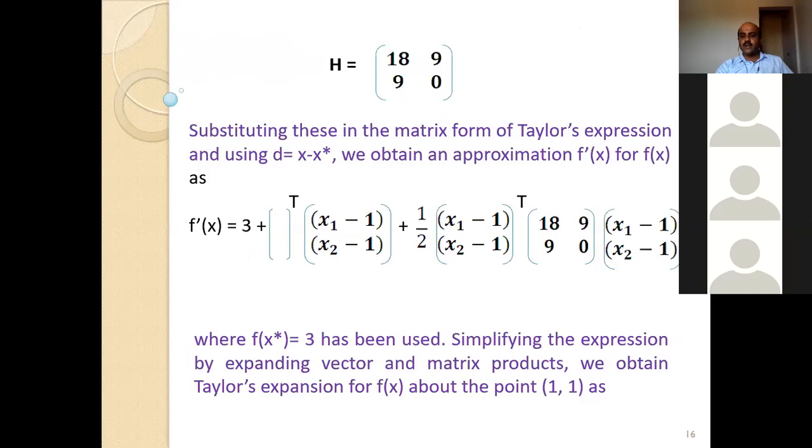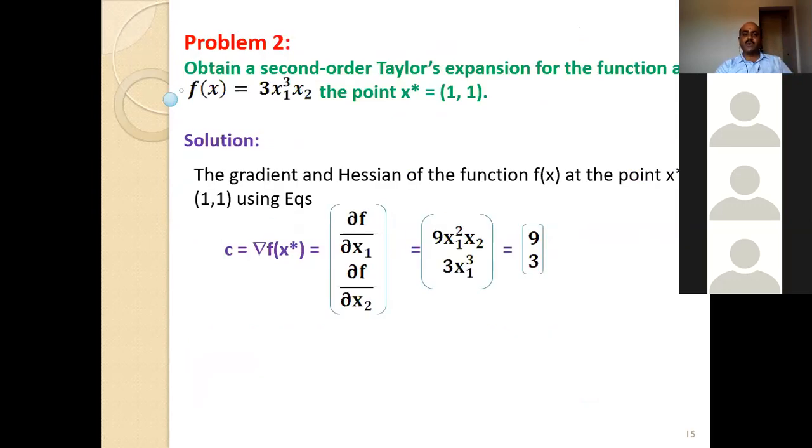If f of x star means you substitute x1 and x2 as 1 in the function 3x1 cube into x2, then f of x star will become 3 only, right? Are you able to get it?